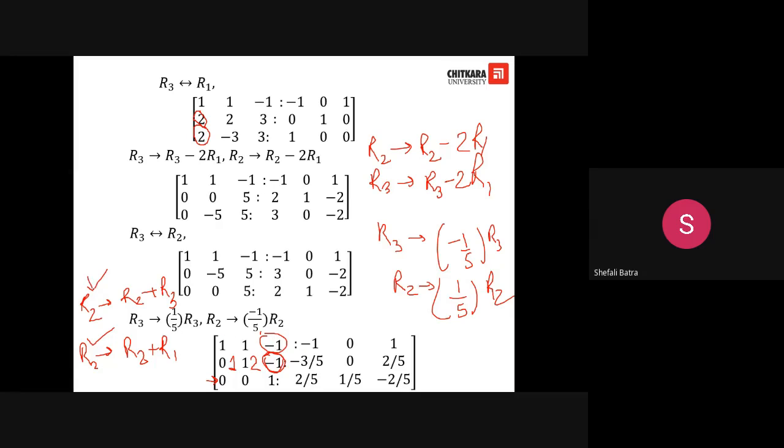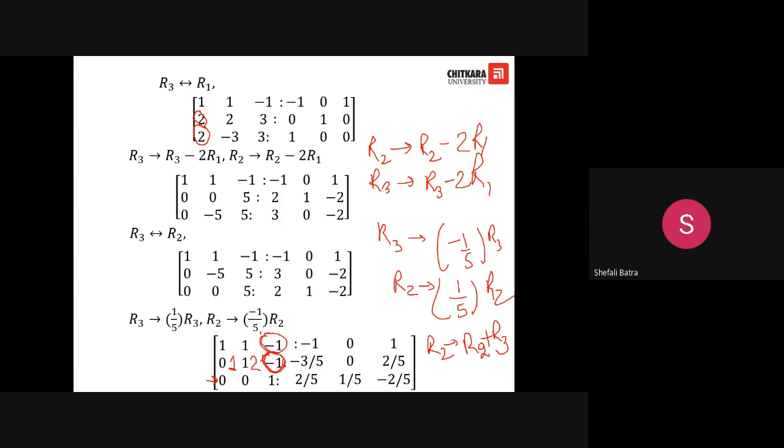So you will use the operation R2 implies R2 plus R3, not this. For making this entry 0, you will write R2 implies R2 plus R3.